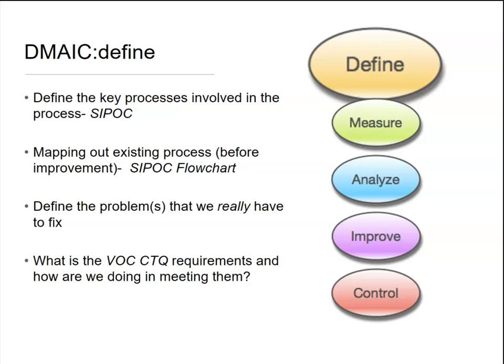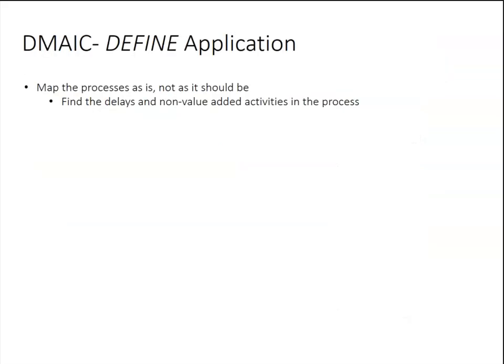And then we find out what those requirements are and how we are doing in meeting them. And what are the failures in the process? We haven't really talked about the FMEA. We went over it in a recorded lecture, but it's a good tool for us to find out what the failures in the process are.